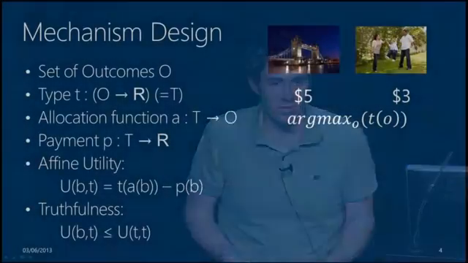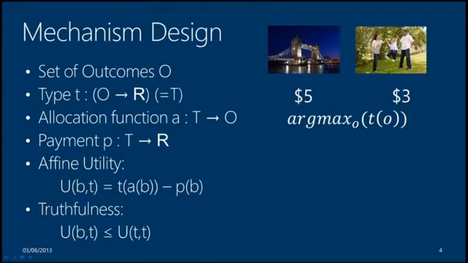So we've assumed that we have some agent in the world who has private information, and now we're actually going to have to make some sort of decision. So we're going to have some function that's going to take the type of the agent, and it's going to pick one of the outcomes from our set. For example, a very natural thing you could do is you could just go through and pick the outcome that's going to make the agent the happiest among all those possibilities, right?